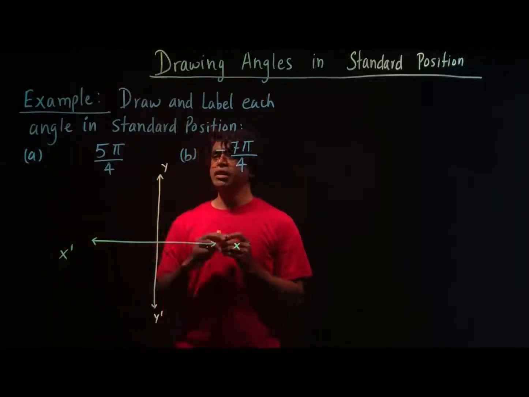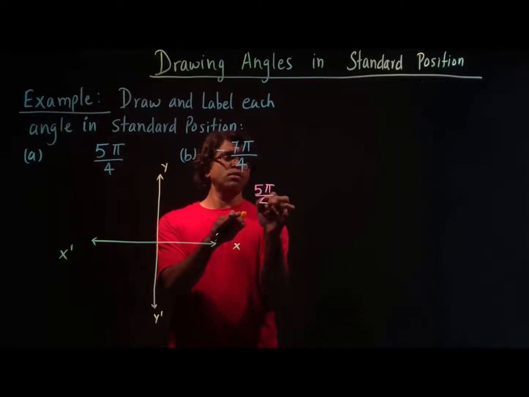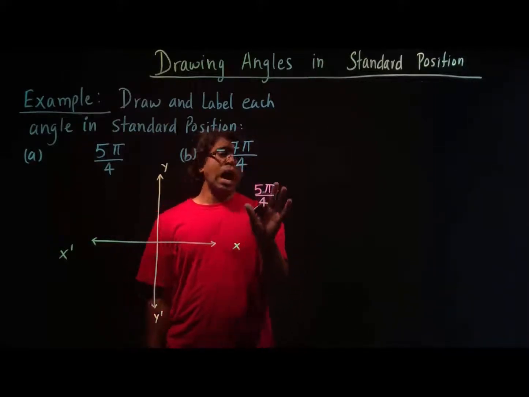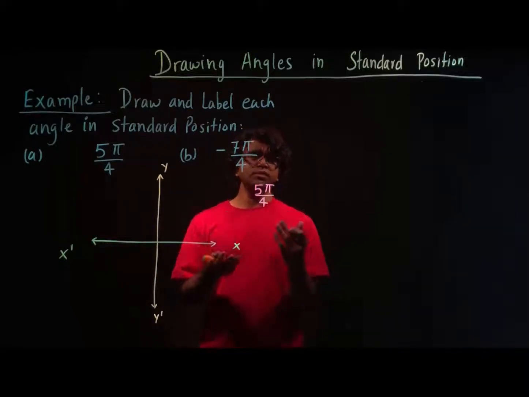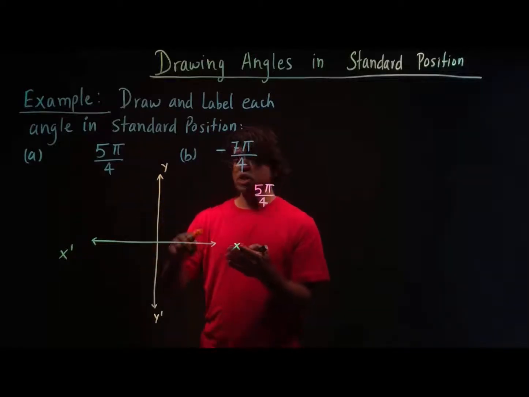Now let's look at the first part, which is 5 pi over 4. I want to convert this 5 pi over 4 in terms of 2 pi, because 2 pi is the entire rotation.